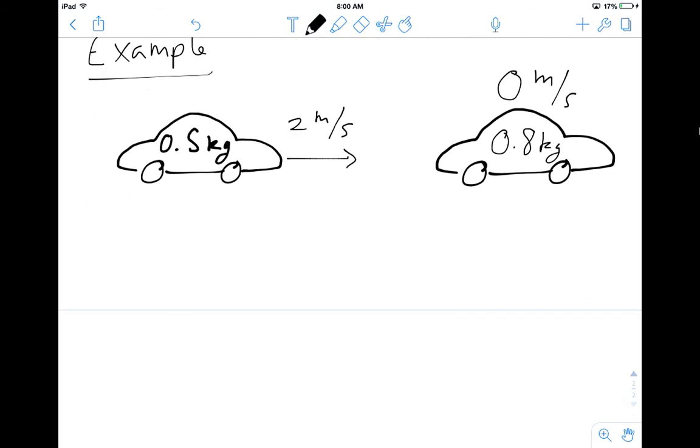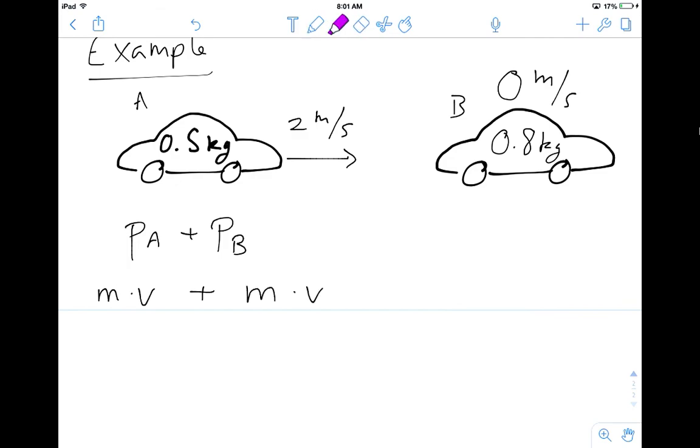All right, so let's write this out. We'll call this car A and this car B. And so I want to have the momentum of car A plus the momentum of car B. So this is going to be my momentum of the system before I start. So I'm going to have mass times velocity plus mass times velocity.